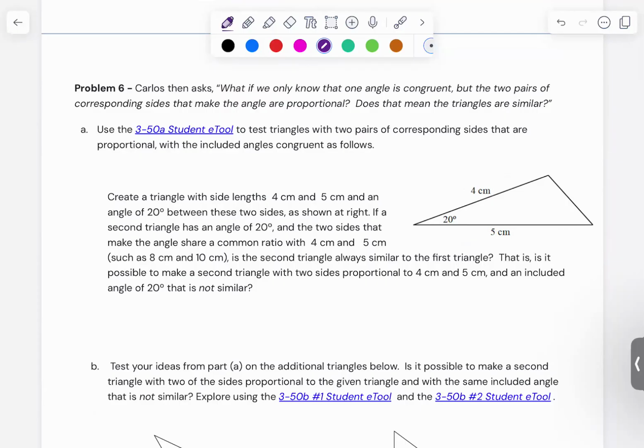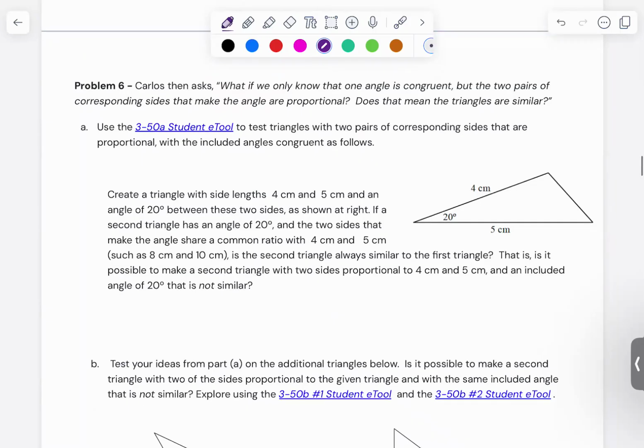So for problem 6, what if we know that one angle is congruent, but the two pairs of corresponding sides that make the angle are proportional? Does that mean that the triangles are similar? So again, we'll use this tool that's linked here, but I'm not going to show it on the screen right now, to test the two triangles.